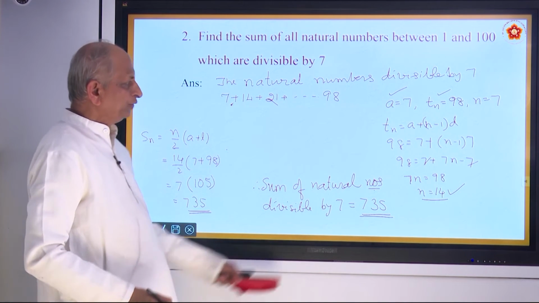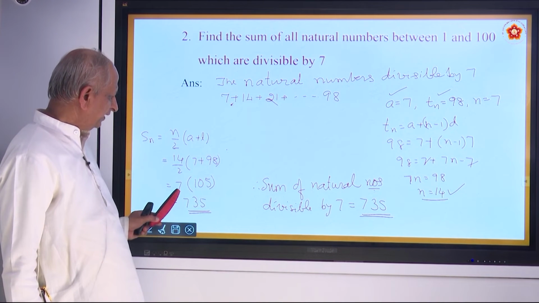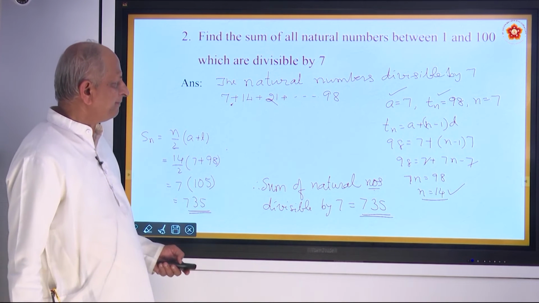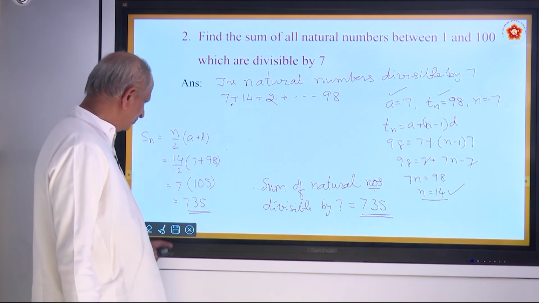As n is not known, you have to use this formula, find n, use that number here and write the answer. Okay. So shall we go to next sum? Take down. Very nice. We go to next sum.